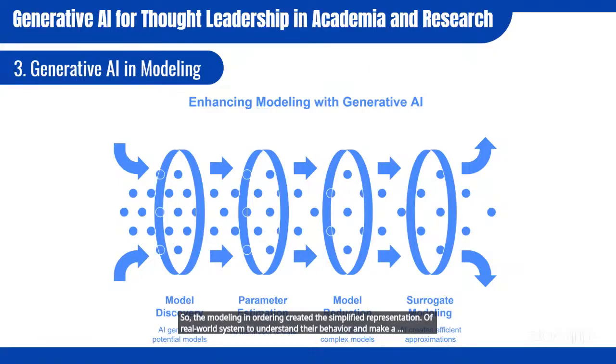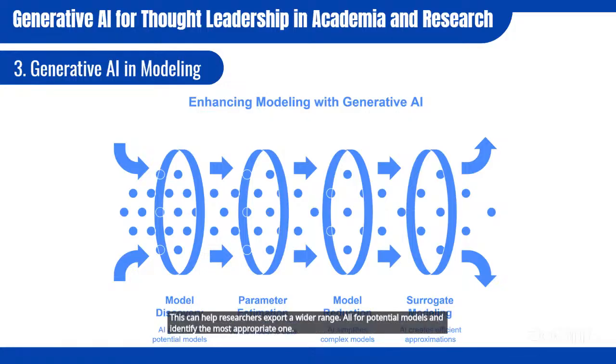Generative AI can enhance modeling in several ways, for example model discovery, parametric estimation, model reduction, and surrogate modeling. Generative models can learn from the data and automatically generate candidate models for a given system. This can help researchers explore a wider range of potential models and identify the most appropriate one.